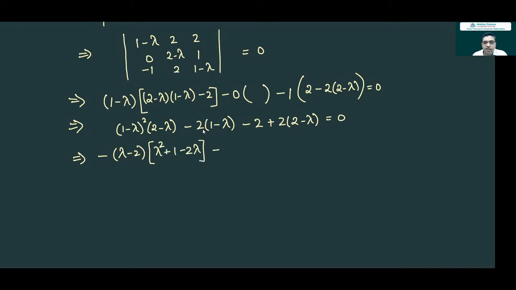Now I'll simplify this. This is minus 2 minus 2 minus 2. Okay. Minus 2 is minus 4 plus 4 0, and I get plus 2 lambda plus 2 lambda and minus 2 lambda, plus 4 minus 4. So, okay, we get this straightforward.